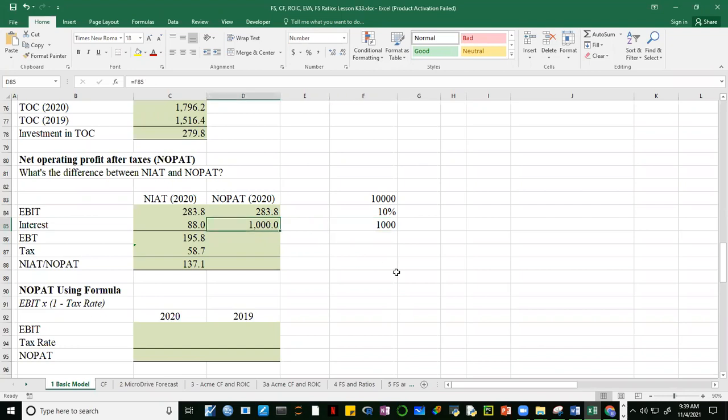So in NOPAT, guys, what we do is we assume that there's no debt. We do not charge. There is debt, guys. The company used debt, and it's shown in the interest expense. However, we do not charge operations with the interest expense precisely because they do not have control over that.